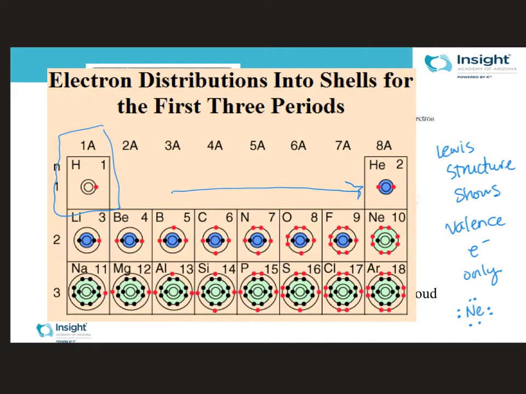If you notice, there is a pattern that goes along with the A number of these rows. Everything in 5A has 5 valence electrons. Everything in 6A has 6 valence electrons. So the A number matches the number of valence electrons.